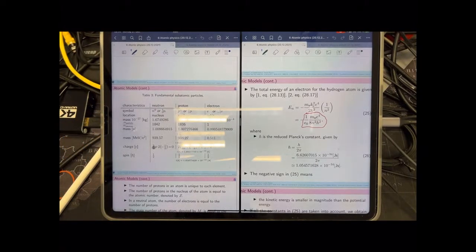But for simplicity, we quite often use only 1/2, and all these three subatomic particles have the spin number 1/2, 1/2, 1/2.